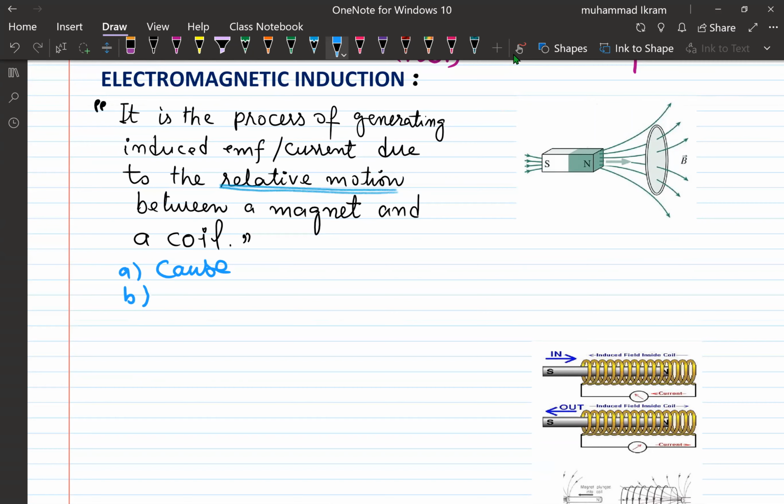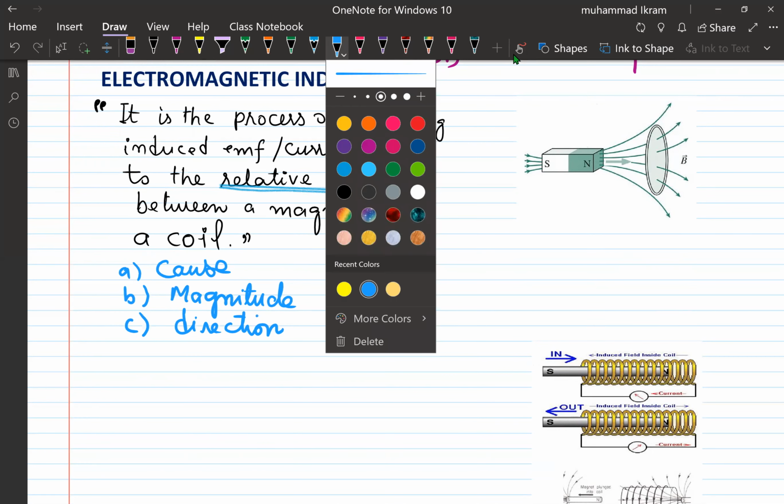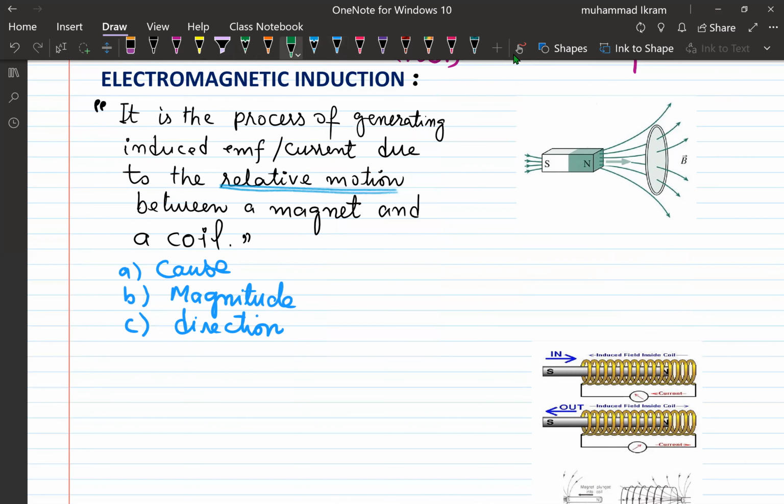B, the magnitude of this induced current, and the direction of this induced current. All the questions I will answer one by one. Clear? So let us start.